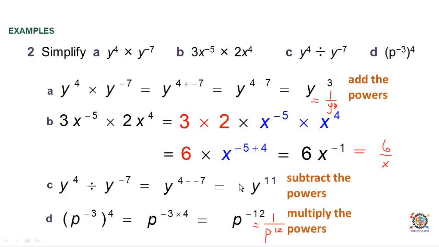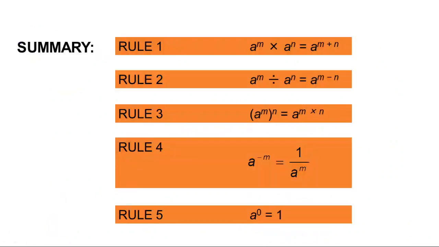Next, let's move on to the summary. Okay, so this ends the lesson for today. I will just summarize it. So rule number one, if I am multiplying two numbers with the same base, okay, and the indices are given, I am just going to add those indices or exponents.